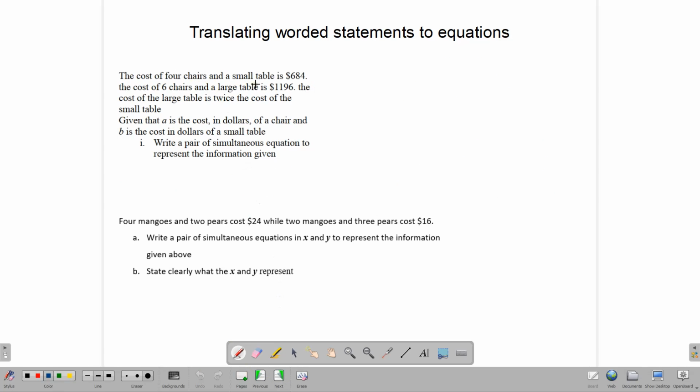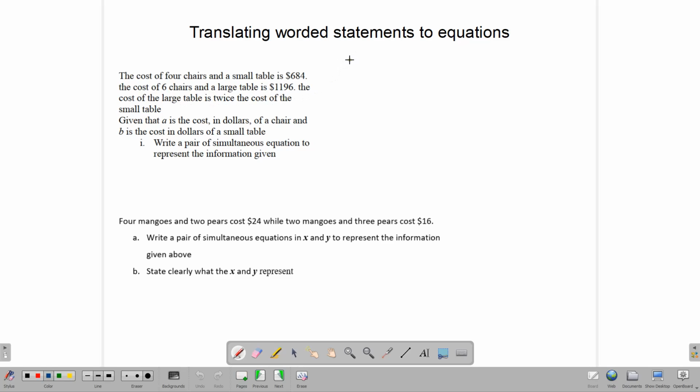The cost of 4 chairs and a small table is $684. The cost of 6 chairs and a large table is $1,196. The cost of a large table is twice the cost of a small table.